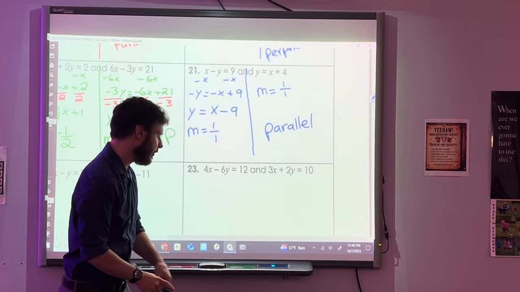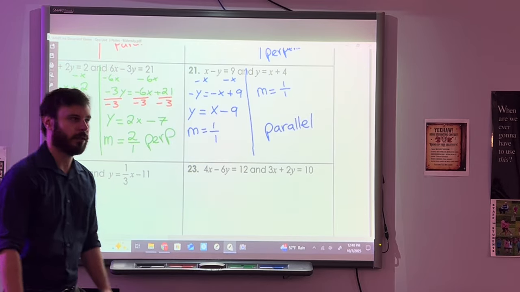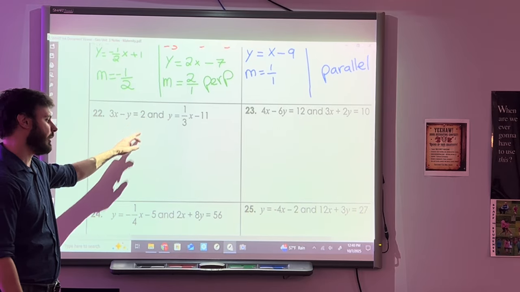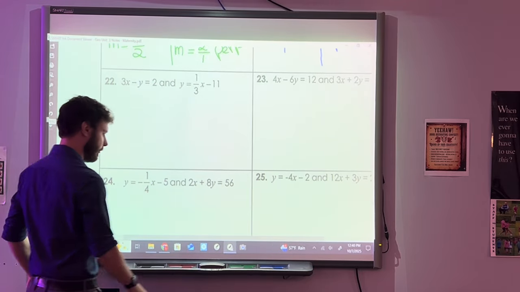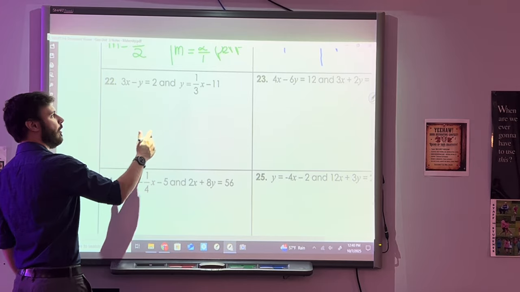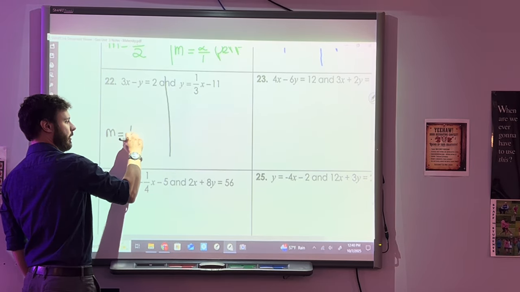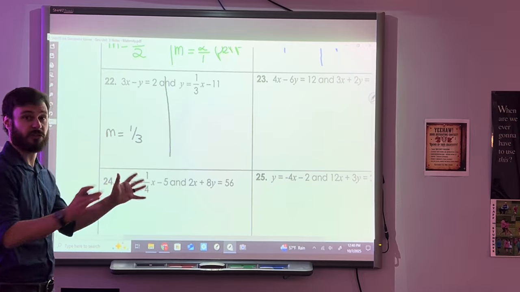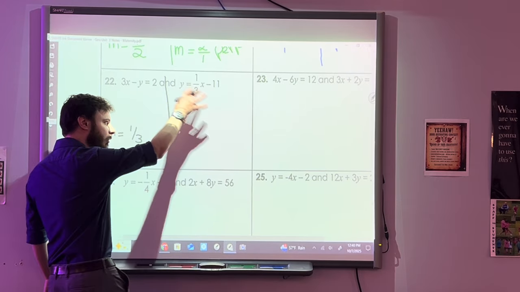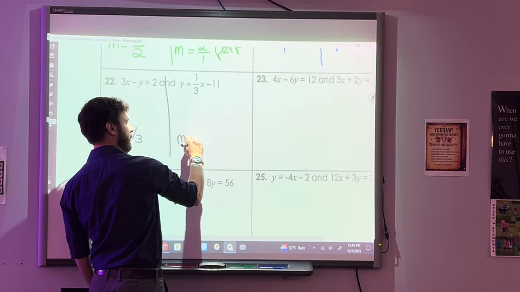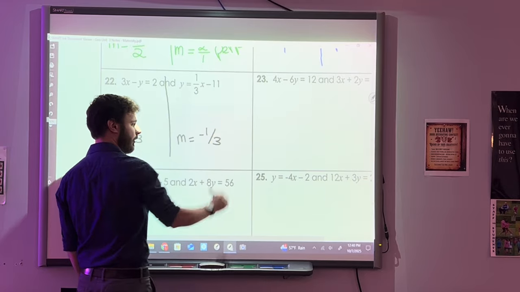Okay. And I bet if we kept going, we'd find an example of one that was not the same or perpendicular. An example of that might be, let's say I did all the work here, and my slope was 1/3. Okay, let's just say that's what happened. And I do all the work, and I get down here, and my slope here is -1/3.